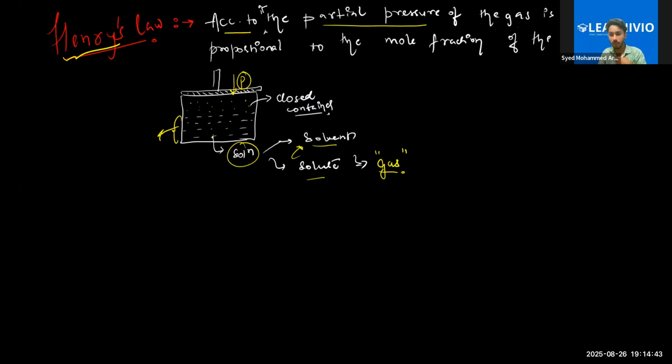Now what I am going to explain is that if I apply more pressure on it, then the partial pressure of the gas is exerted on the surface of the solution. This is the surface of the solution. The particles of the gas are pressurized on the surface of the solution.